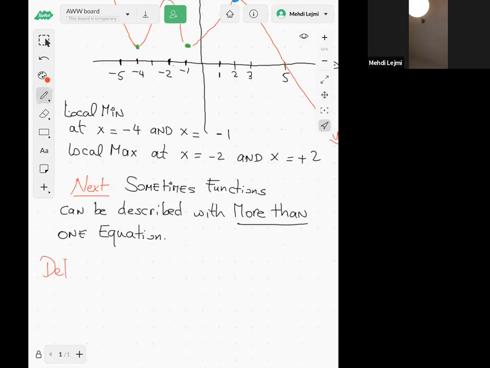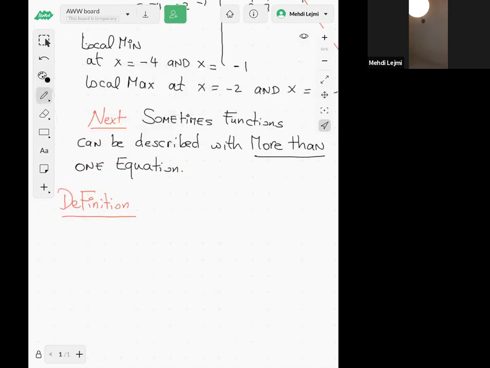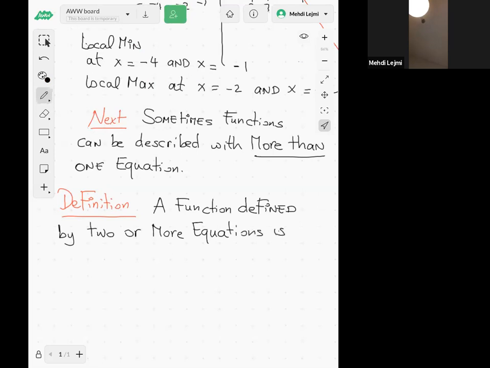Definition: a function defined by two or more equations is called a piecewise function.